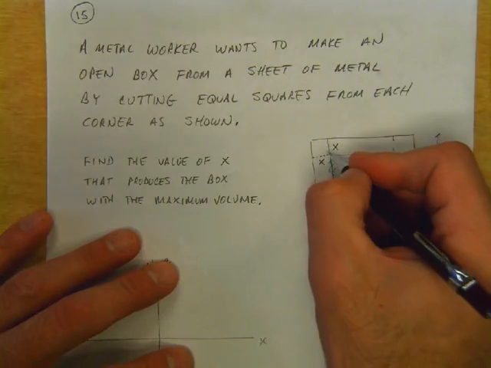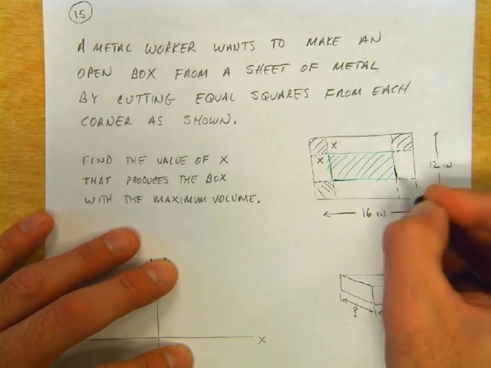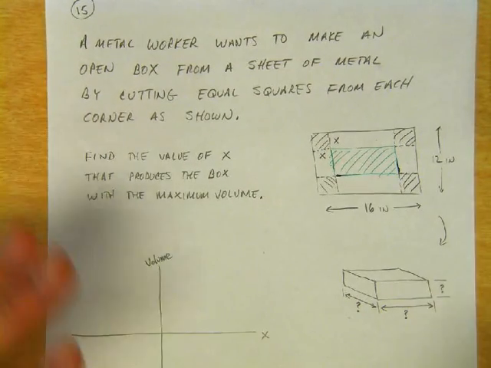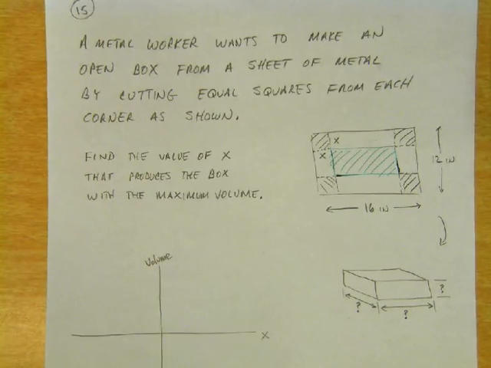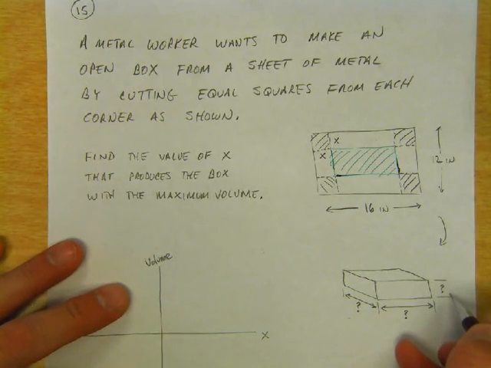And then these things go away that I'm shading, and those flaps fold up to get the sides of the box. Okay? So the first thing, what is the height of the pan?